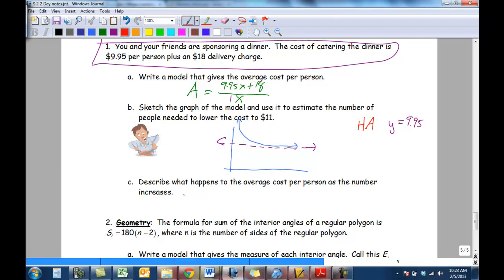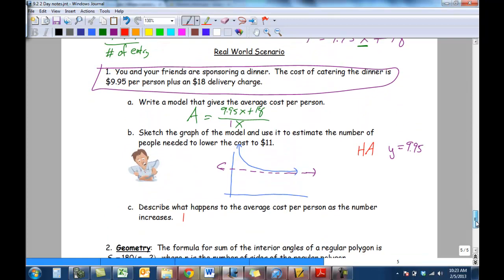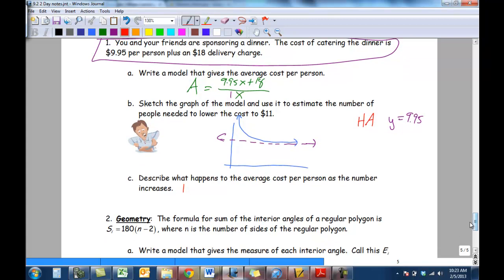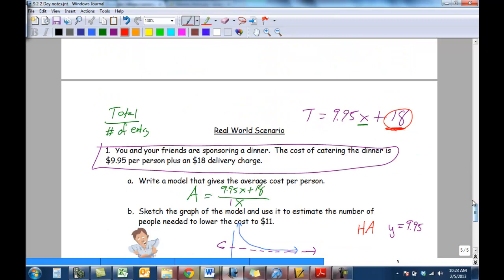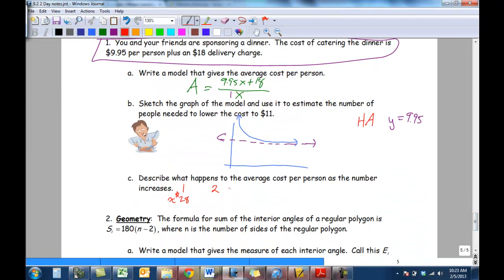If one person comes, our total is $9.95 plus the catering charge of this 18 is our catering charge, right? So they have to pay the whole thing. They have to pay about $28. All right, they got to pay $18 and then $10 for their meal. All right, what happens if 2 people come?